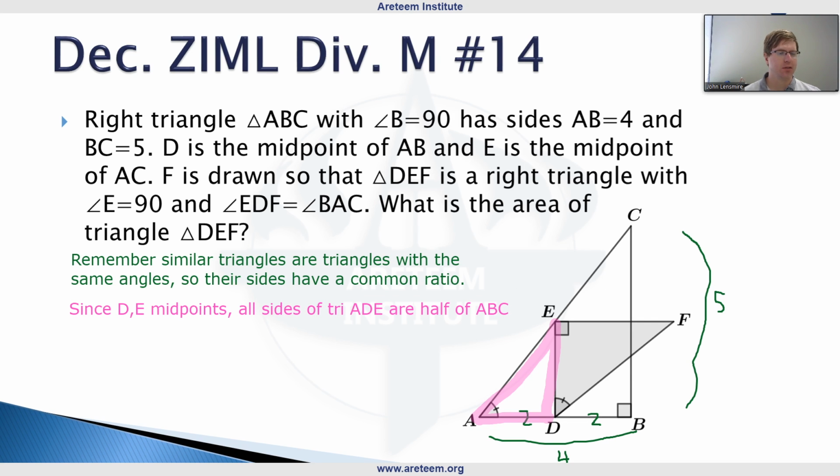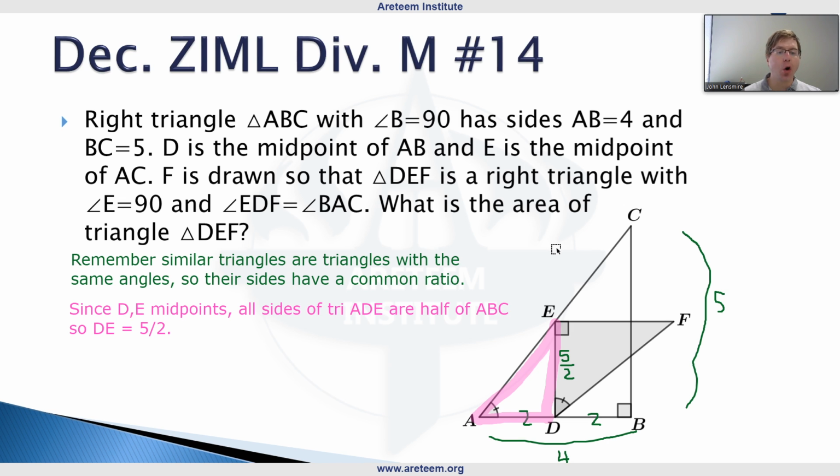So we know that we have a 2, and then we have a 2.5, or let me write that as 5 halves in that case. So in particular here, DE is equal to 5 halves right there. That's exactly right in this case.